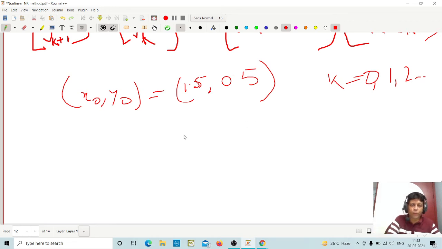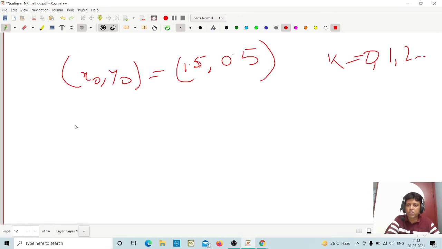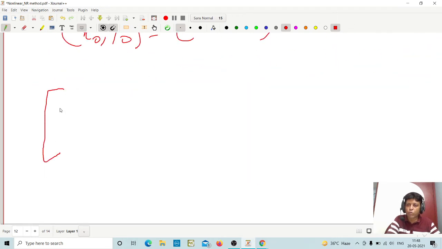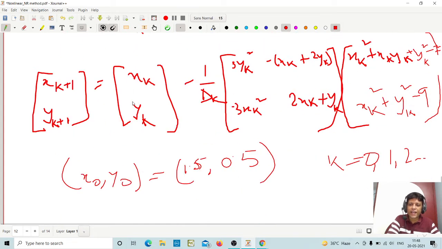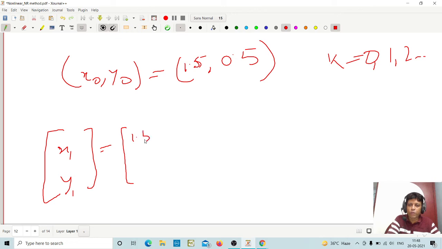Let me show you one approximation. That will be better. So if you substitute k equal to 0, this column will be x1, y1, right, equal to, this will be xk will be x naught, y naught. So that will be 1.5, 0.5.